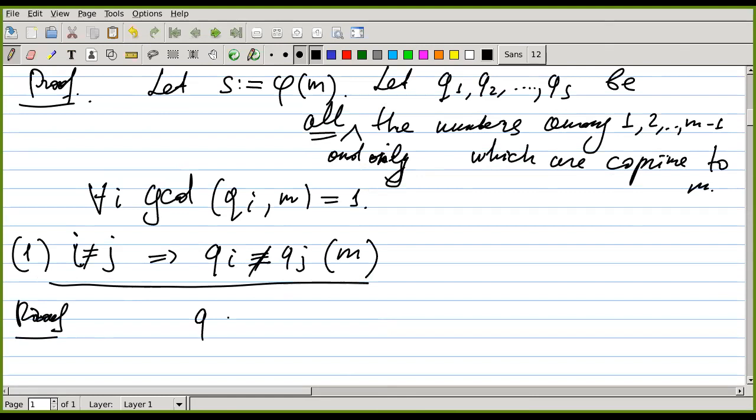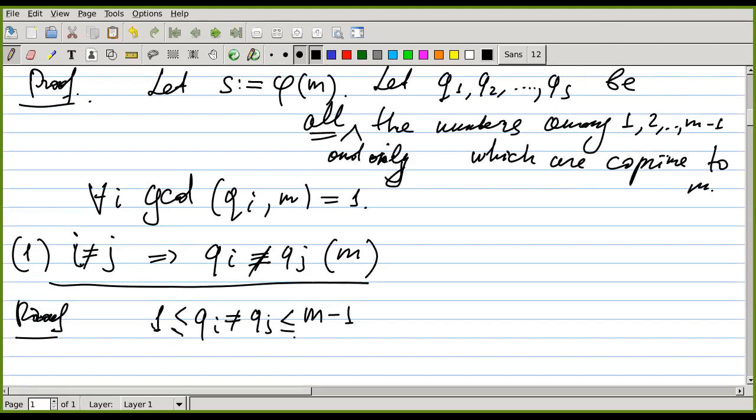You know, qi is not equal to qj if i is not equal to j, because they are distinct. We have distinct numbers, but every such number is, of course, less than m, so they are between 0 and m minus 1. Is it clear? In fact, they are between 1 and m minus 1.